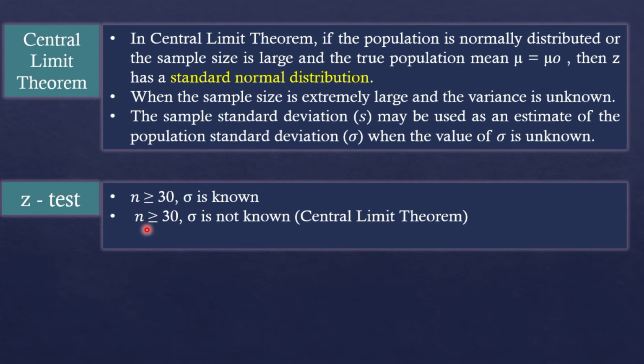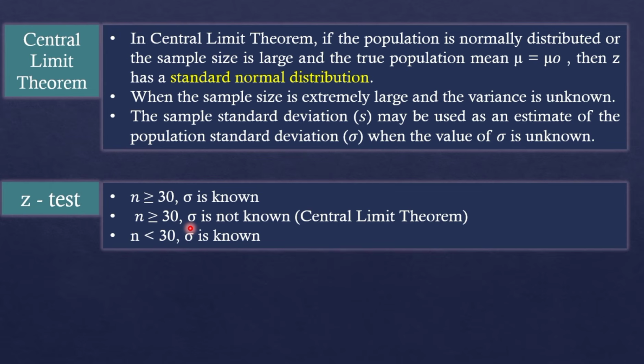Kapag yung sample size natin is greater than or equal to 30 and the population standard deviation is not known, so hindi siya binigay, pero yung sample size naman natin is very large according to the central limit theorem, so z-test pa rin ang gagamitin.